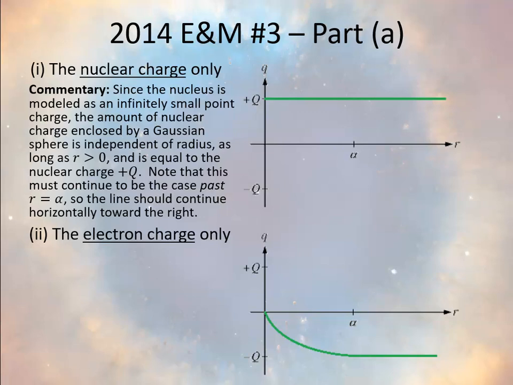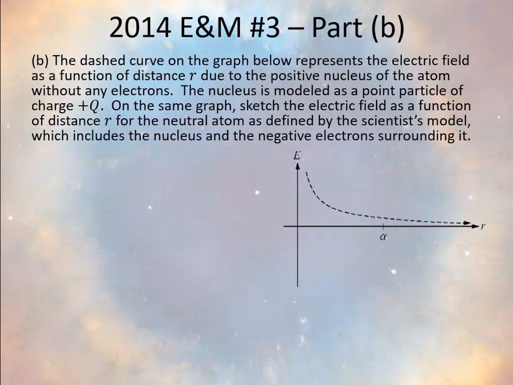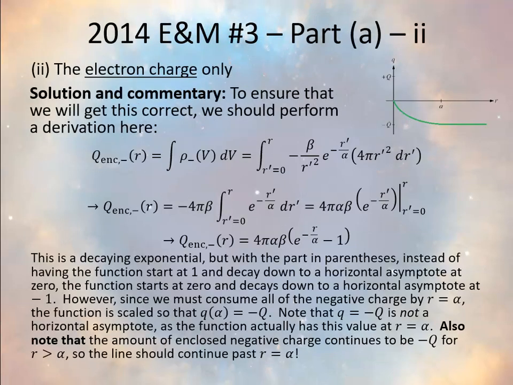Now, another set of points that students often got wrong. Students used the area of a circle or the volume of a sphere instead of the area of the Gaussian surface when plugging into these integrals. For example, people might have plugged in 4/3 pi r cubed dr prime, and that would have been wrong, because the little bit of volume at the edge of a Gaussian sphere of radius r is given by the surface area of that sphere times its thickness.